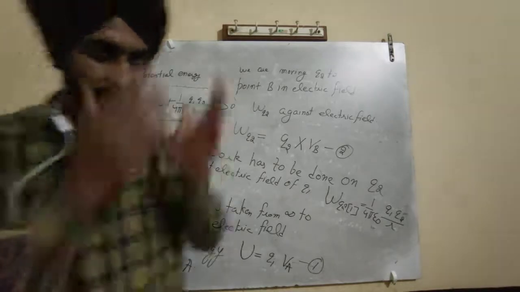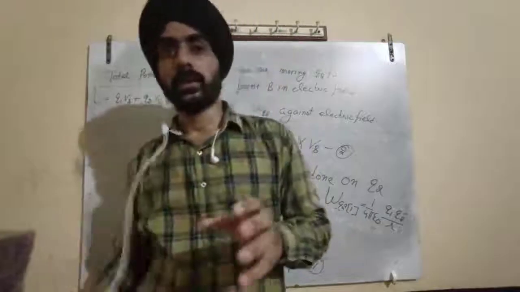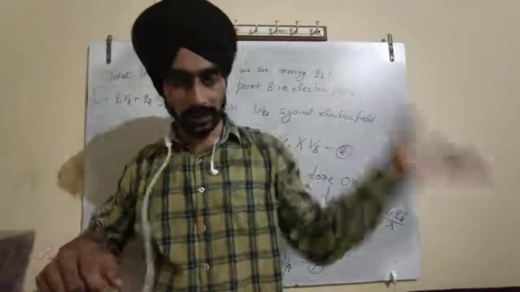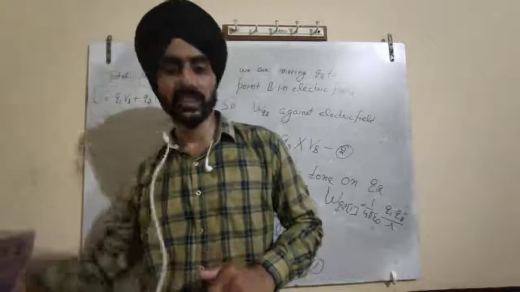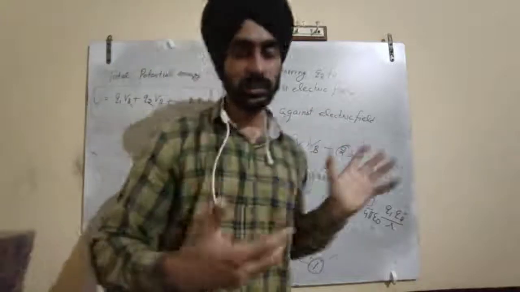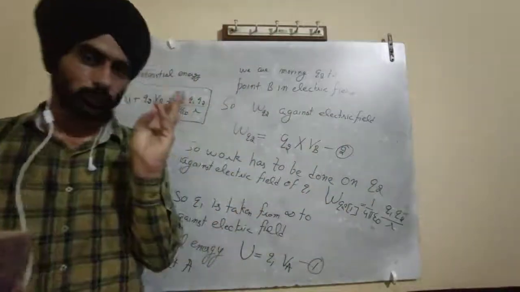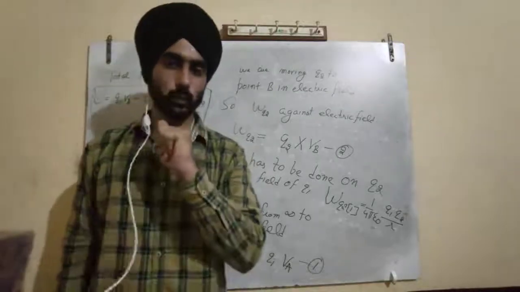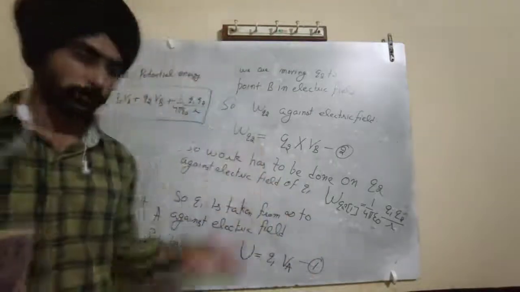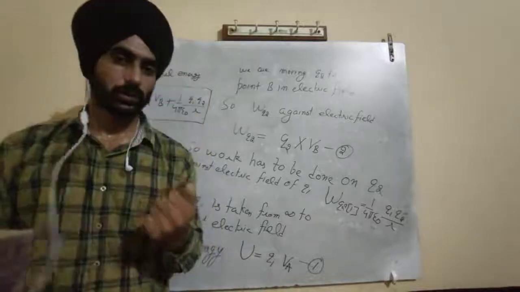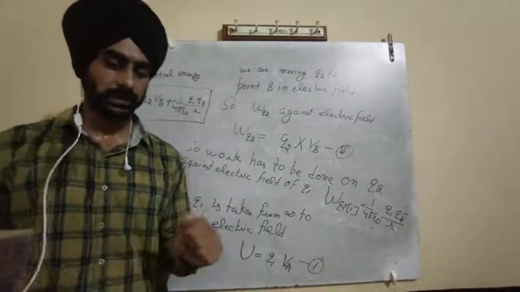One time we are considering without an electric field and one time with the electric field. This is both in your syllabus, okay? You can calculate for a single point charge also, and for a system of two point charges also. You can calculate like this.